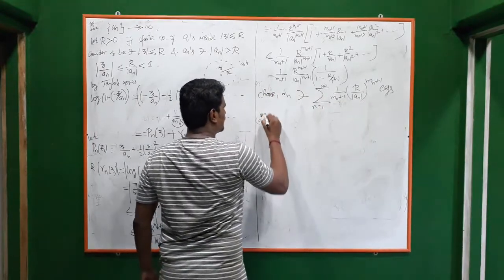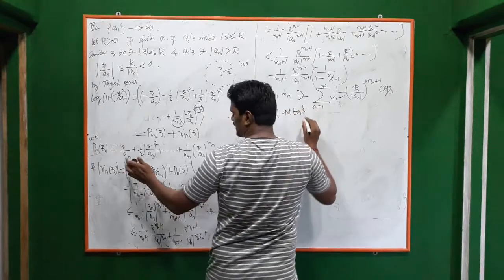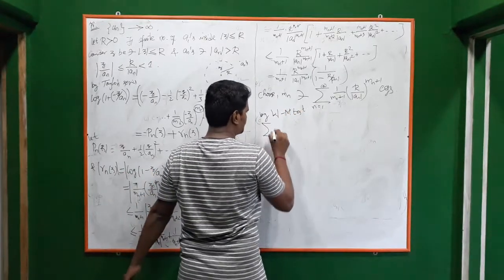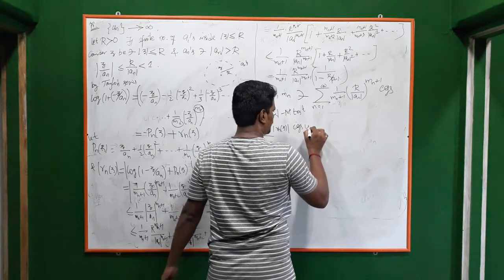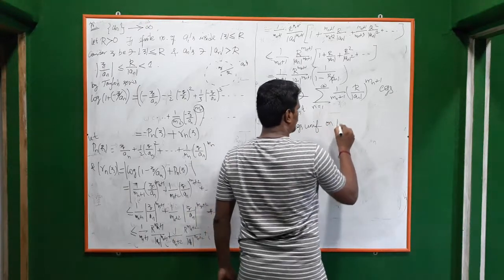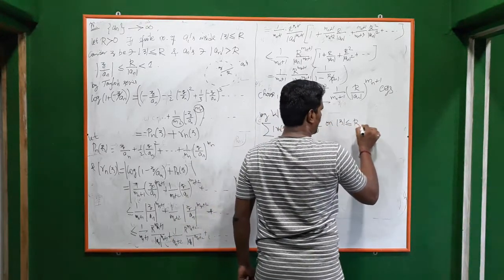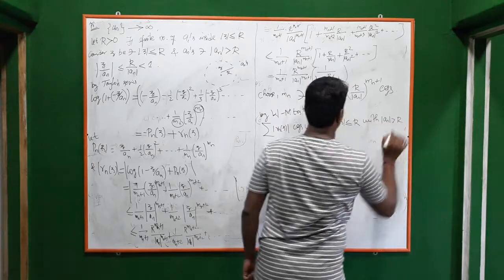Then by the Weierstrass M test, we can tell that summation mod Rn of z converges uniformly on mod z less than or equal to r with mod an greater than r.